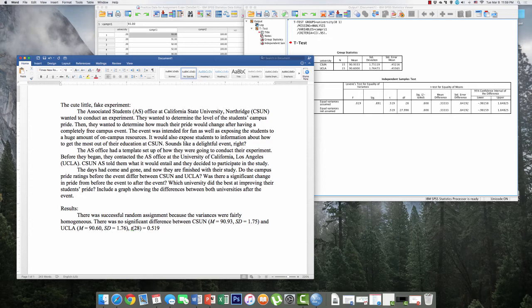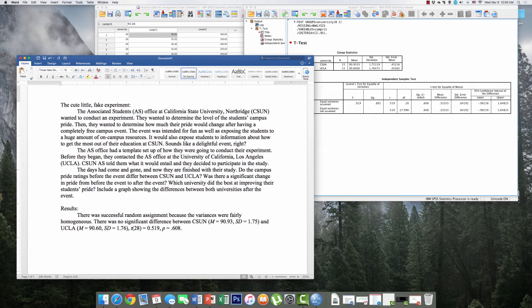Okay, so back to this. I put the T value, I'm going to put a comma, and then I'm going to italicize the P, and I'm going to put the exact number, so I'm going to put equals 0.608, and then end the sentence. So that's the first part. You can definitely move things around. You can break this up into more sentences.